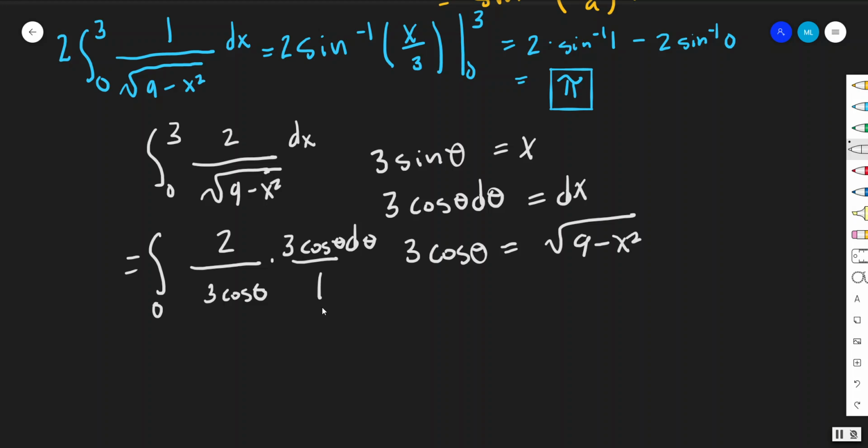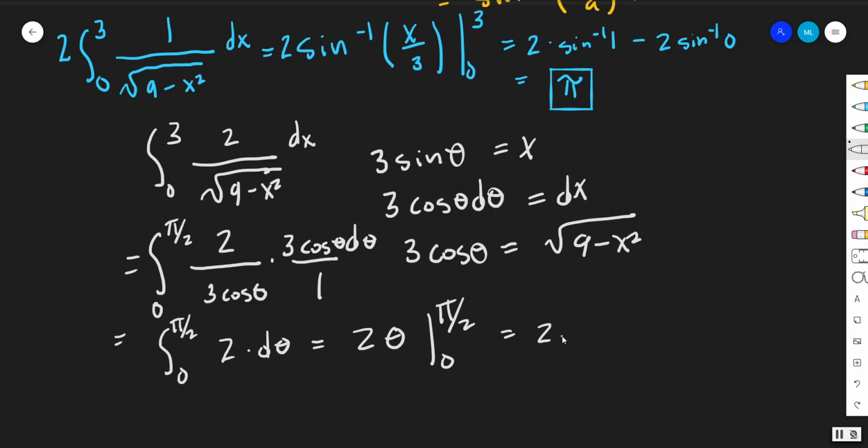When x is 3, theta is pi over 2. So you end up with the integral from 0 to pi over 2 of 2 d theta, which is equal to 2 times theta from 0 to pi over 2, which is 2 times pi over 2, which is still pi.